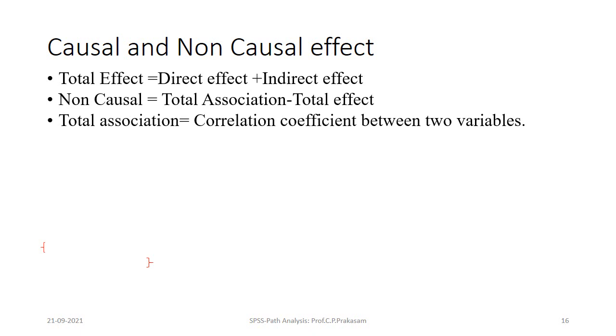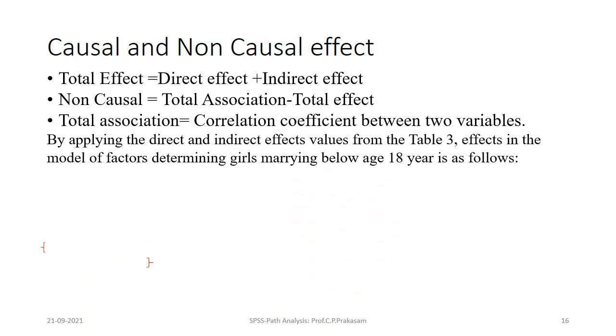Non-causal effect equals total association minus total effect. Total association equals the correlation coefficient between two variables, which has been calculated in table number 2 in the earlier slides.